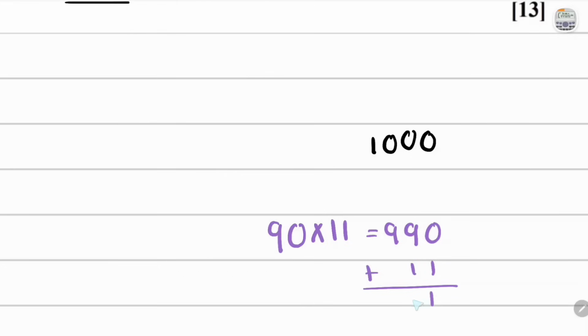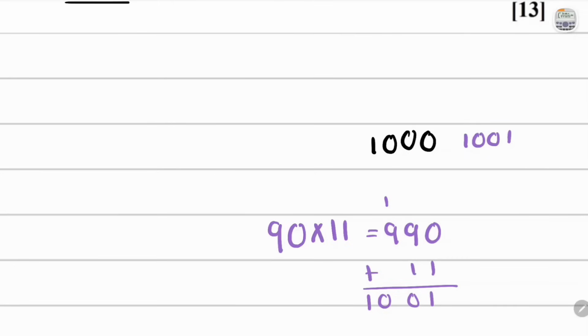So let's look at the 1000 now. What is the closest number to 1000 that is divisible by 11? For this one, because we are by 1000, we can look at 90 times 11, which is 990. If you add 11 to this, then you're going to end up with 1001, okay, which is right here, you see, so that is above 1000.